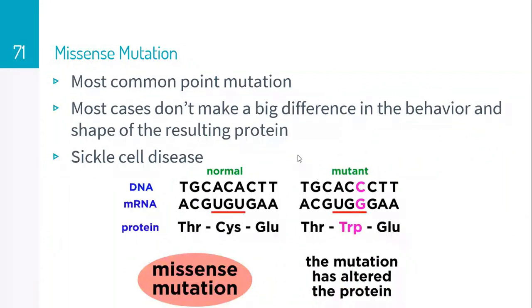Another is called missense mutation. This is the same as in the sickle cell disease that I was mentioning. It is a form of point mutation, and it is really common. You replace a particular nitrogenous base with another.